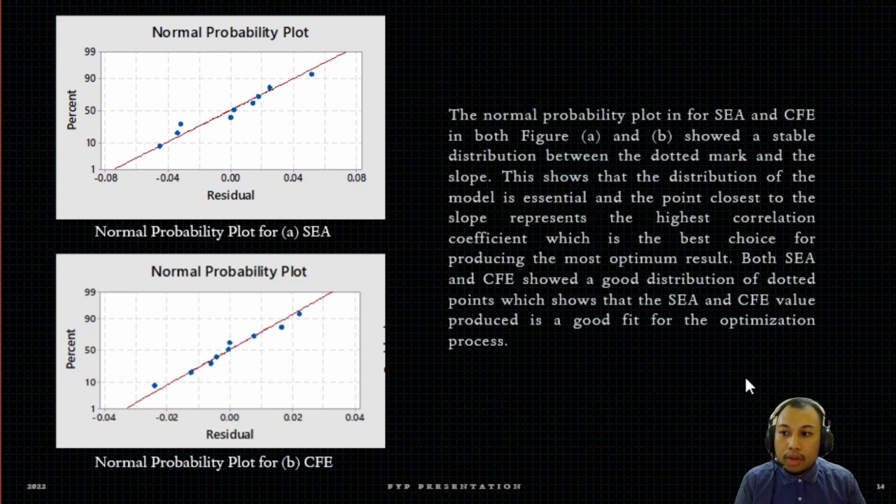For the result, first the normal probability plot, which is to determine if the samples are a good fit for optimization process, shows that both SEA and CFE showed a good distribution of the dotted line, which represents each of the sample, and each dot is close to the slope, which means these samples are a good fit for optimization process.